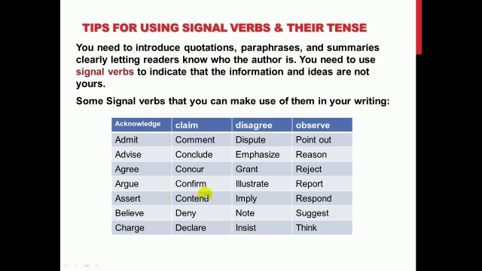The table explains so many verbs that are called signal verbs. But when I say this author disagrees or agrees or observes, I can say observe, observes, or observed. What is the suitable tense for those verbs?